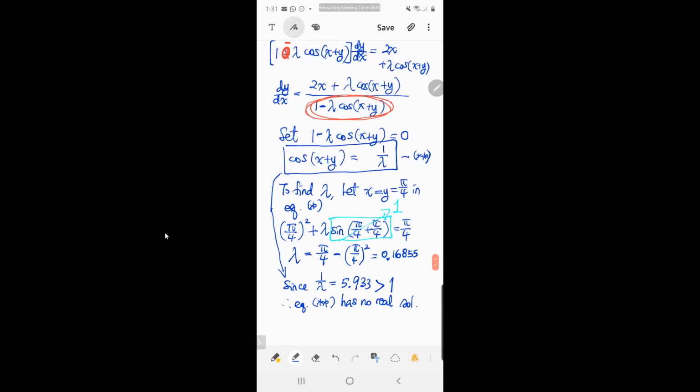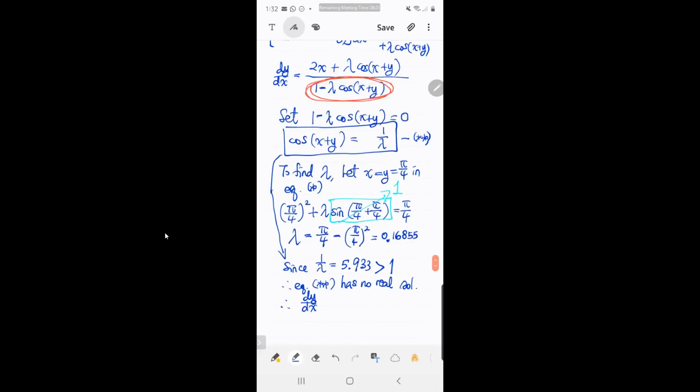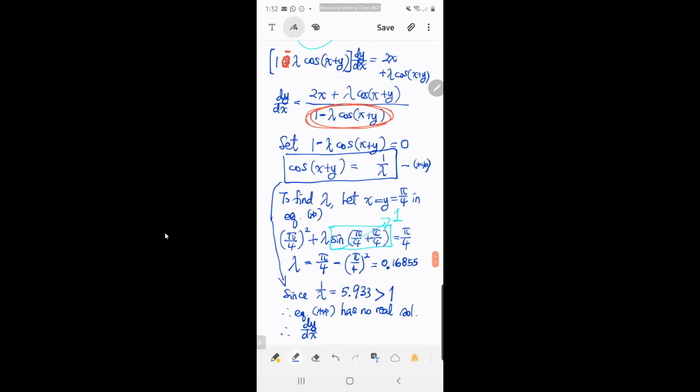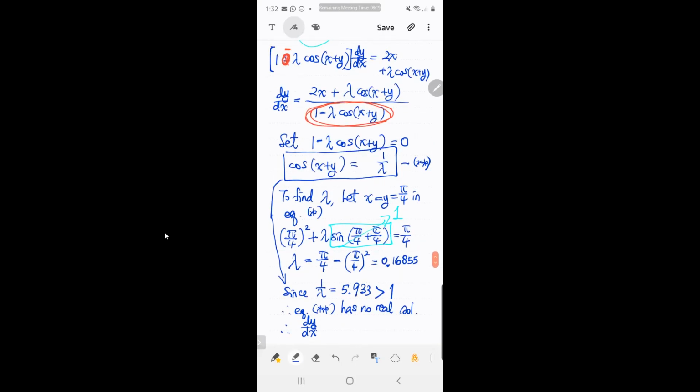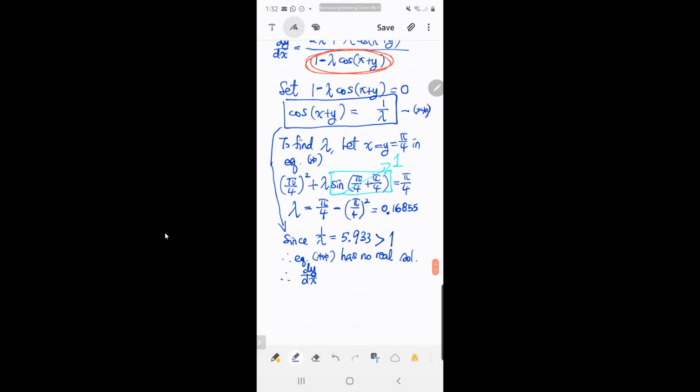So therefore dy/dx is never infinity, and therefore what do we want to prove already? Sorry, I forgot. We have to prove that C has no tangent which is parallel to the y-axis. So just copy.